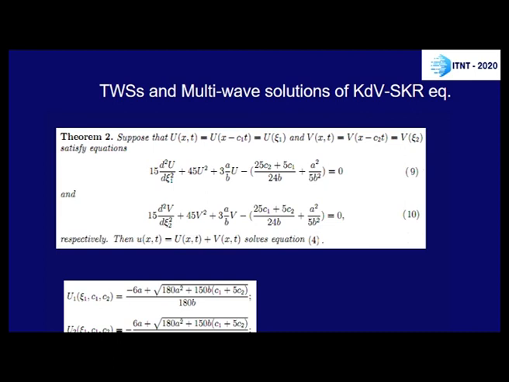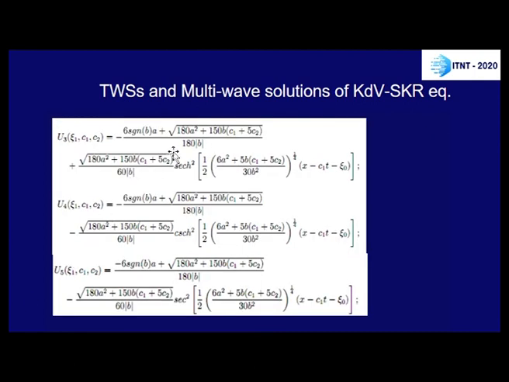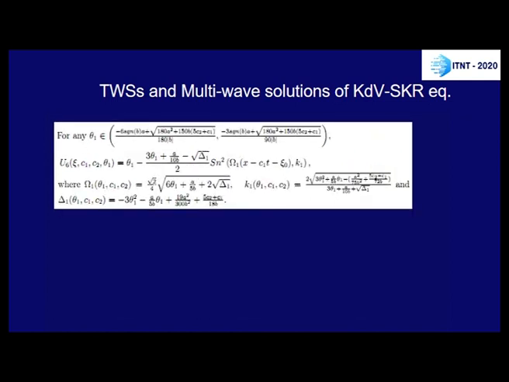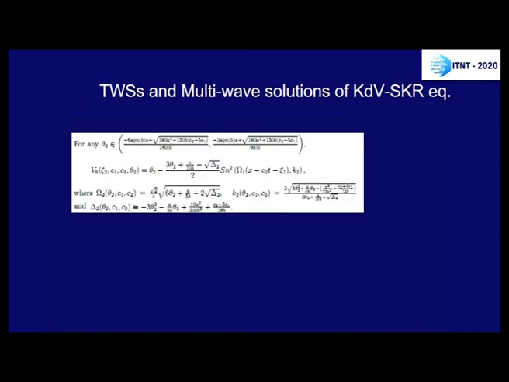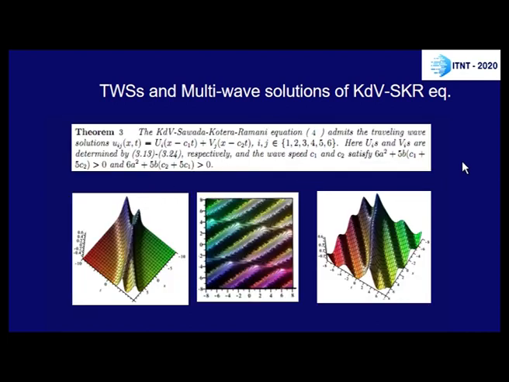For equation 9, we find the exact solutions U1, U2, U3, U4, U5, and U6. Similarly, we can find V1 to V6. After we get the solutions U and V, we have the theorem on the exact solutions of the KdV-SK-R equation.